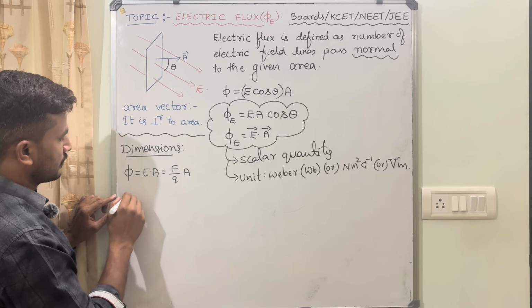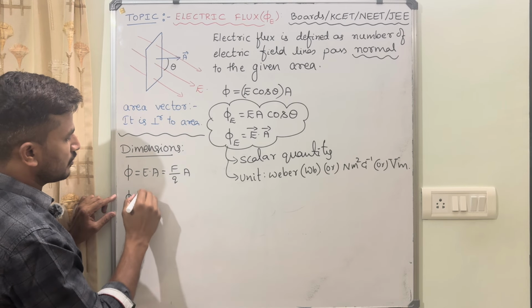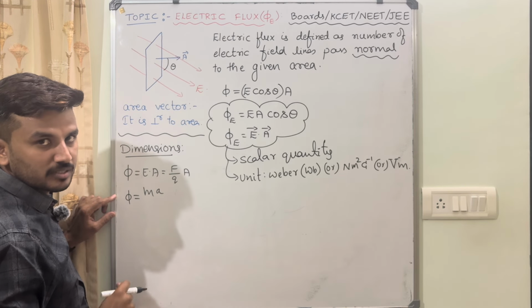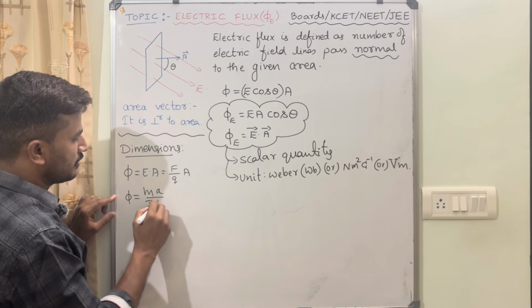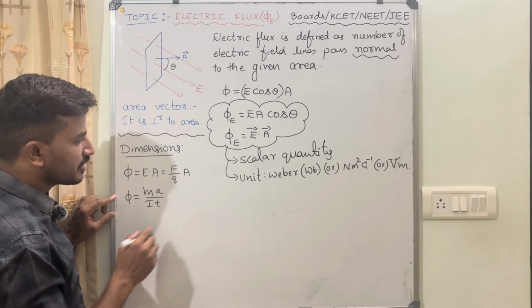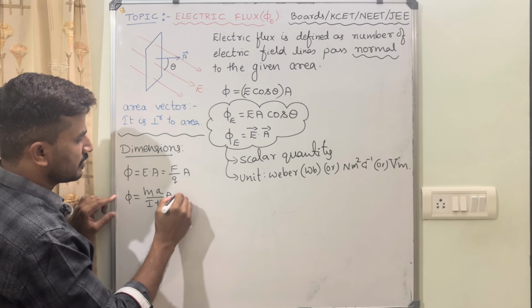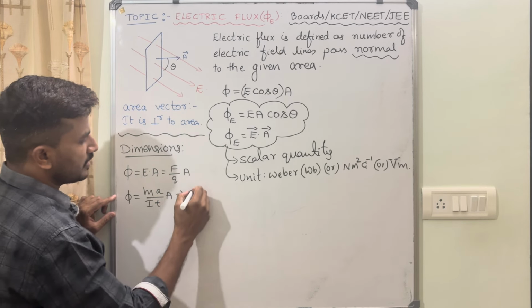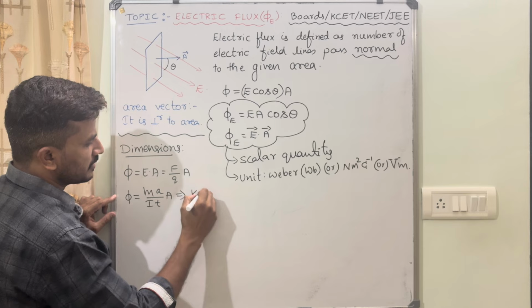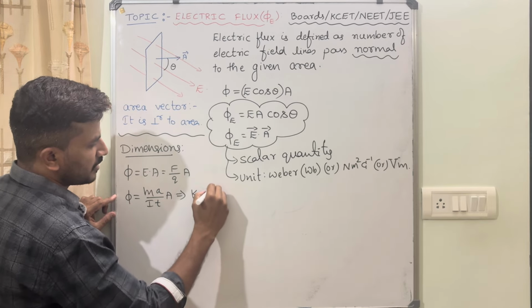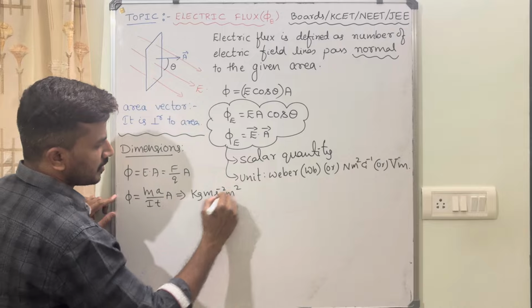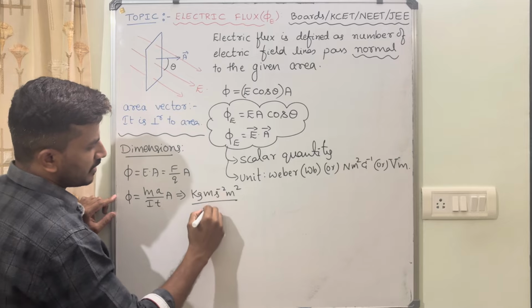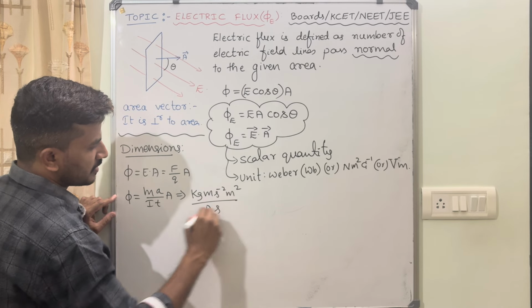F is equal to ma, Newton's second law, divided by charge, which can be written as I into T, current into time. So the units: mass is kg, acceleration is meter per second square, and area is meter square, divided by current in ampere and time in second.